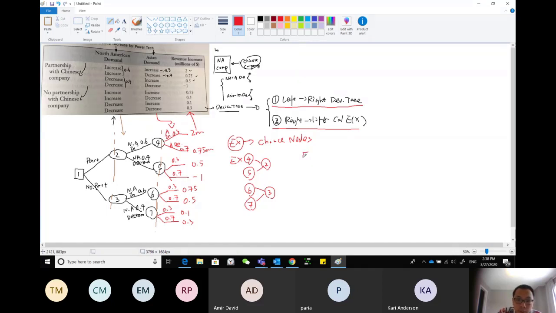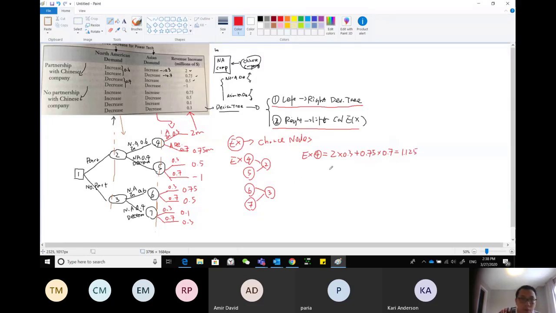for expected value 4, that will be equal to $2 million times 0.3 plus 0.75 times 0.7, right? So this will give us 1.125.